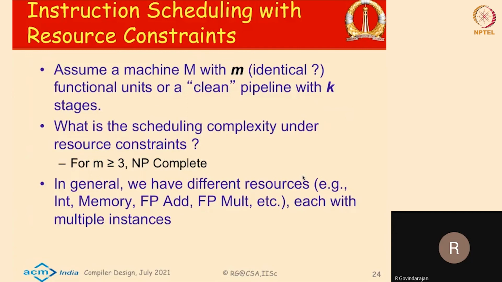In general, the instruction scheduling problem is: given a machine with m functional units and a program with n instructions, how do you schedule them across these functional units so that all the dependencies and resource constraints are satisfied? This problem is NP complete when the number of resources is greater than or equal to 3.